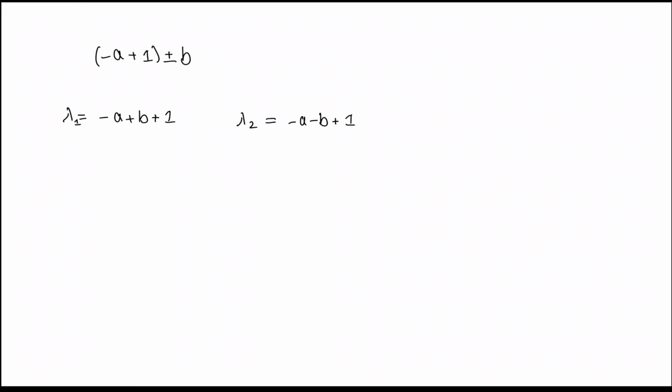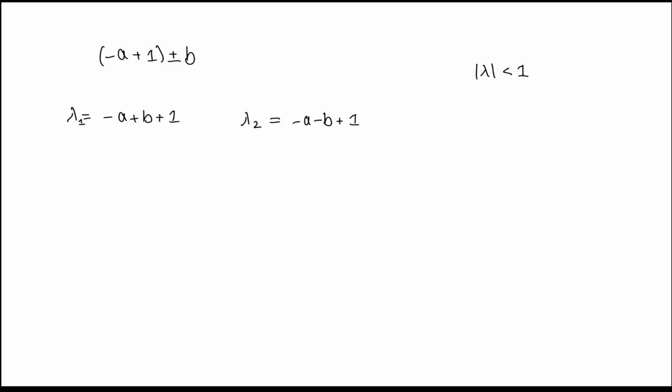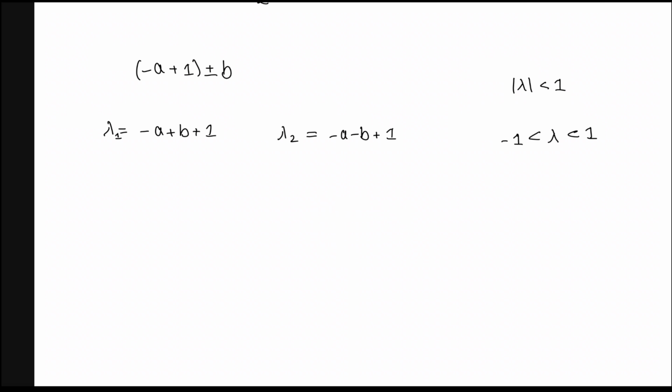So now, if we go back to the condition that these eigenvalues need to satisfy, it is that the absolute value of the eigenvalue has to be less than 1, or we can write this as has to be between 1 and minus 1. Cool. If we now use this condition on this first eigenvalue, we have minus a plus b plus 1, and that has to be less than 1.